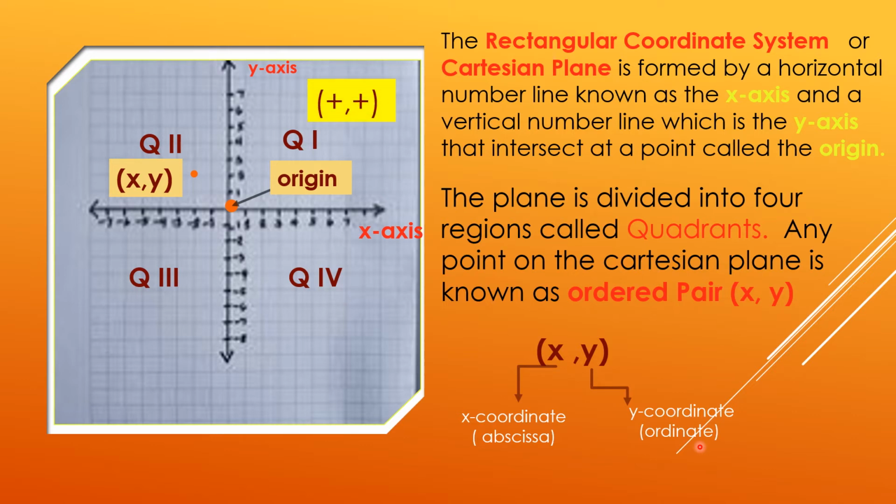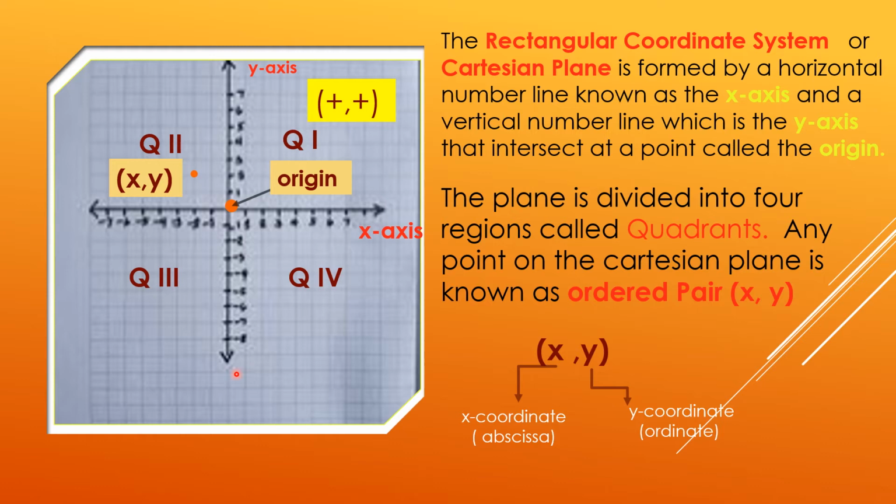Now, in the first quadrant, the value of x here is positive because from the origin going to the right are positive numbers, from the origin going to the left are negative numbers, from the origin up that is positive, and from the origin down are negative numbers.